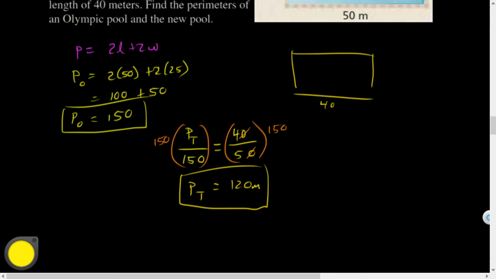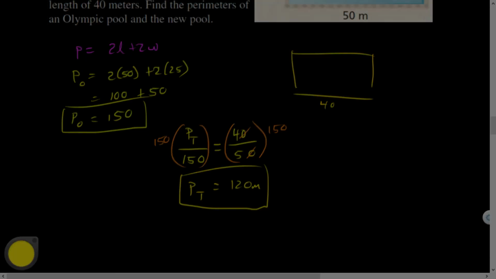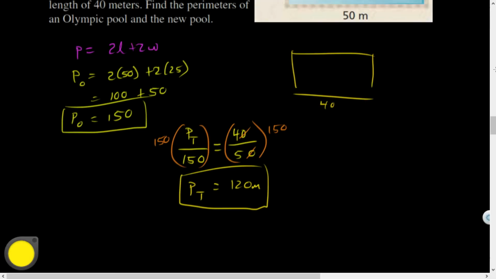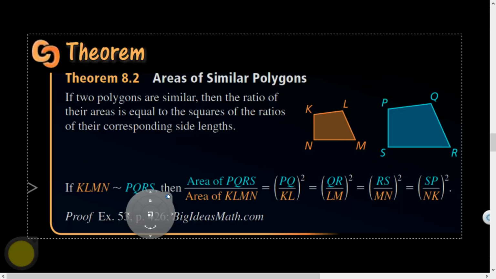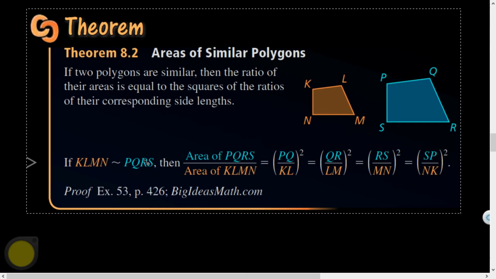Now, you mentioned areas, and I actually talked about this before. I flash forwarded this idea at one point, but it turns out that the ratio of the areas is not equal to the scale factor. It's equal to the square of the scale factor.